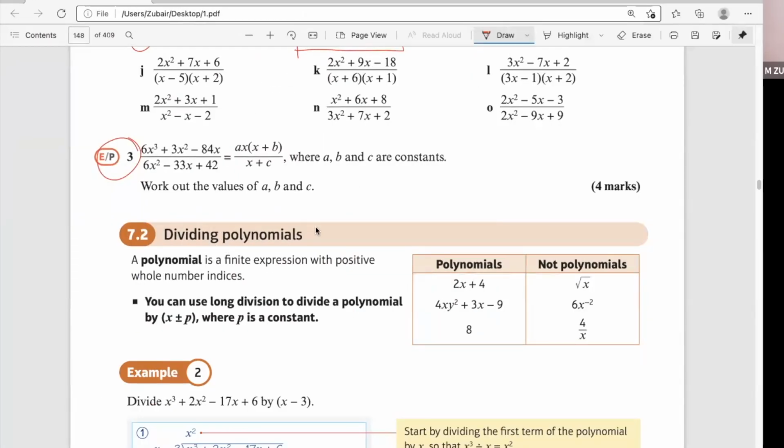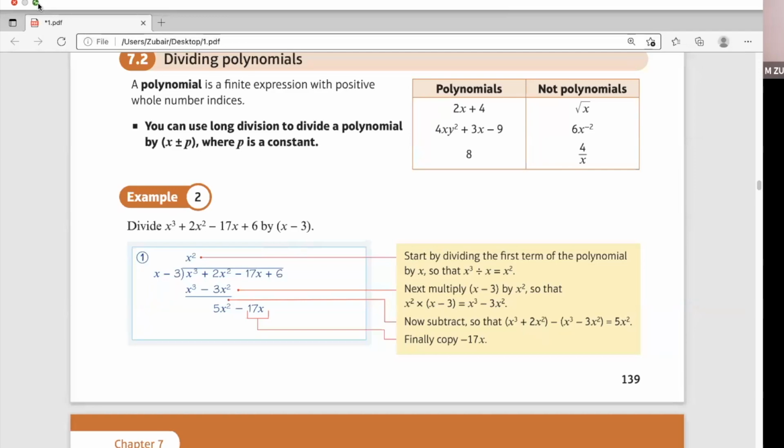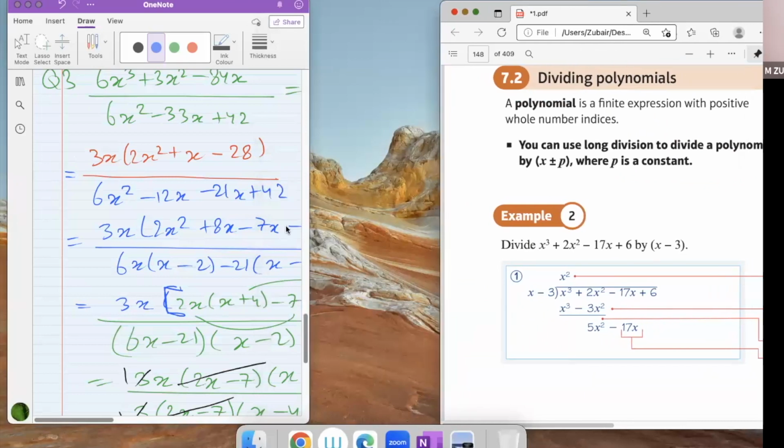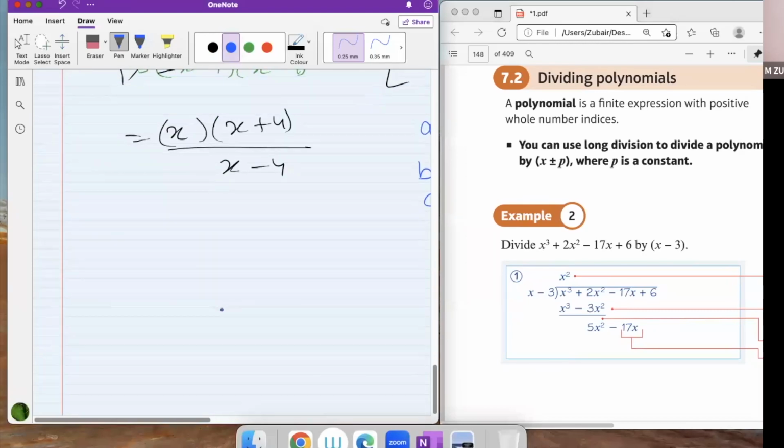Next concept is dividing polynomials. It is the same way we divided the numbers, but this time these are variables. So let's recall with numbers and then try this example. If I tell you to divide 7 with 2, there are different answers, 3.5 or 7 by 2 or 3 whole 1 by 2.